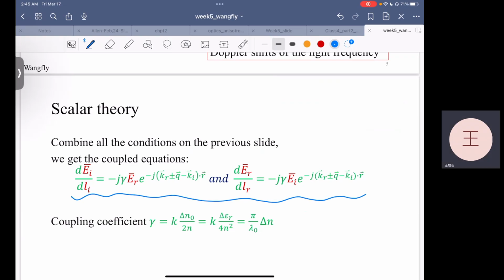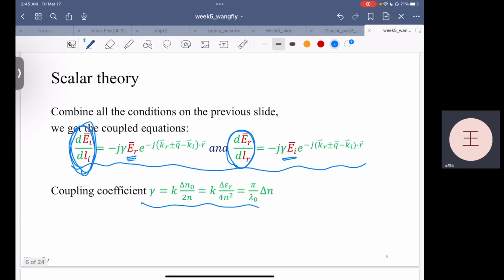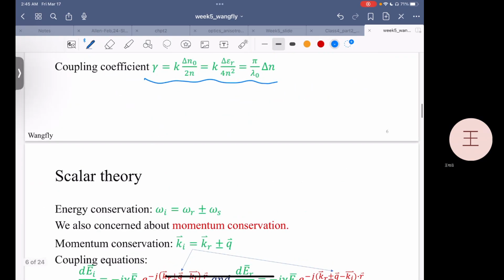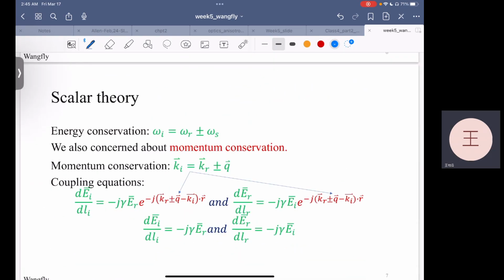Note that for the incident and reflected electric fields, we found the reflected electric field has a relationship with the incident electric field. So we define a coupling coefficient in this form.